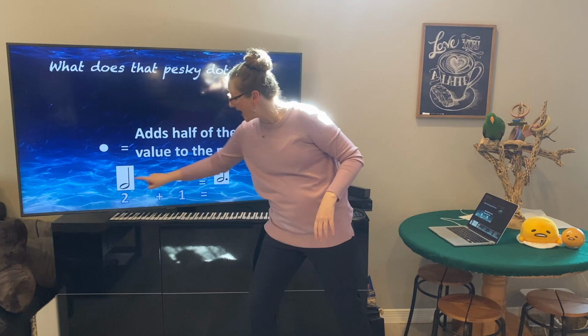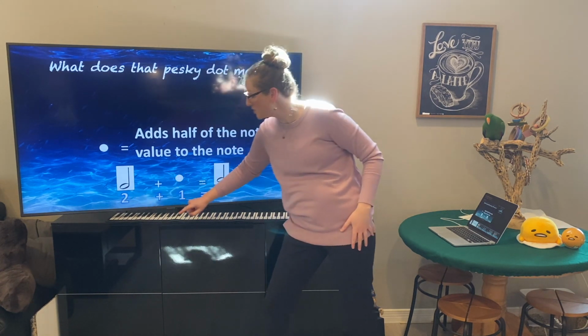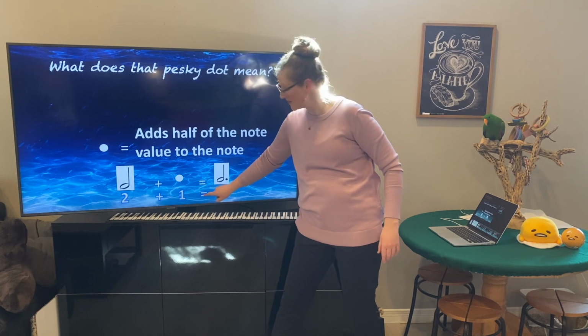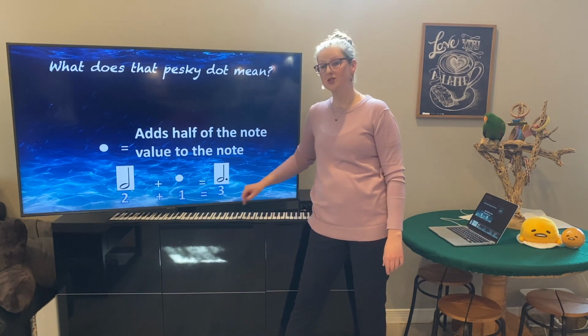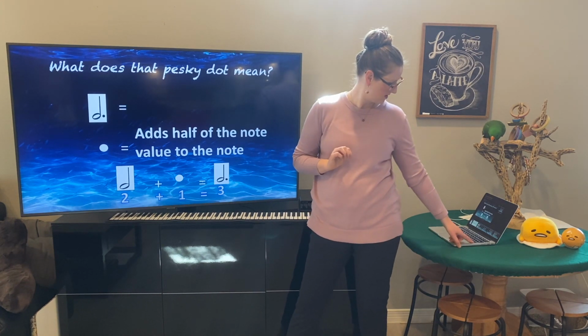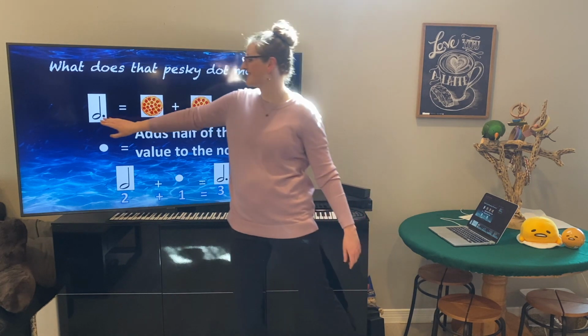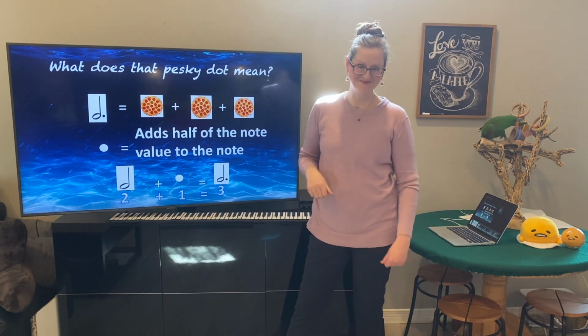So that note takes half of it and adds it to this note. So we have 2 plus 1 equals 3. So this note is going to be 3 whole beats. That means this note gets 3 whole pizzas.